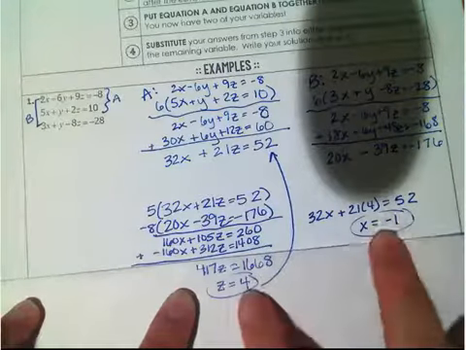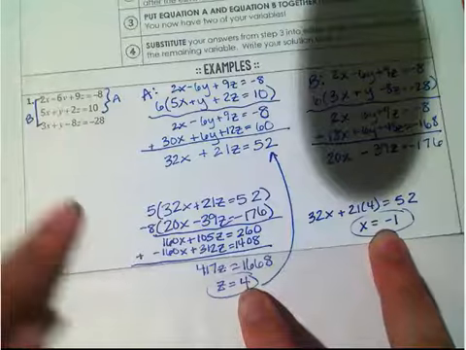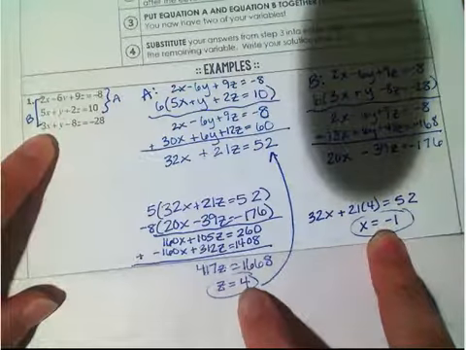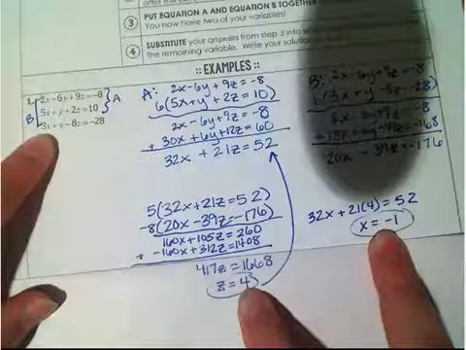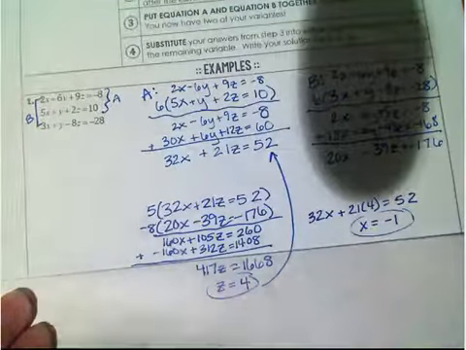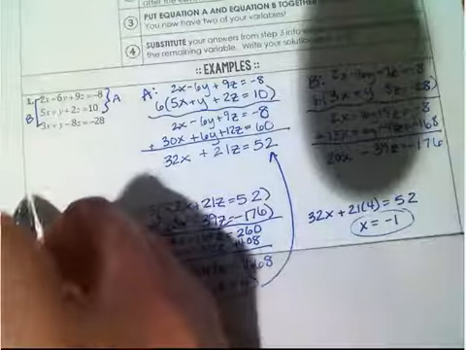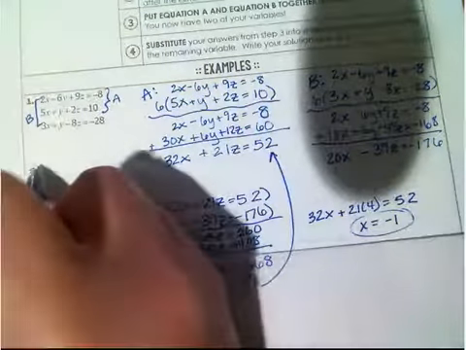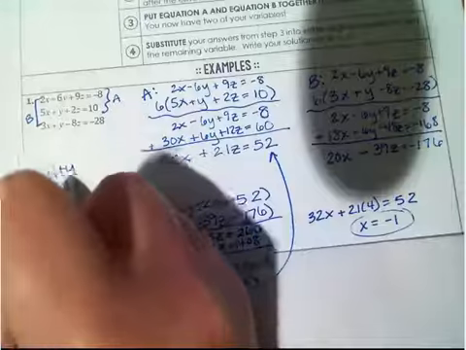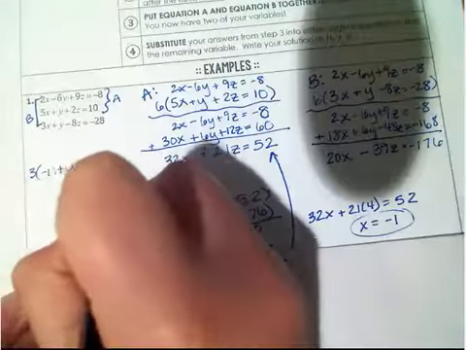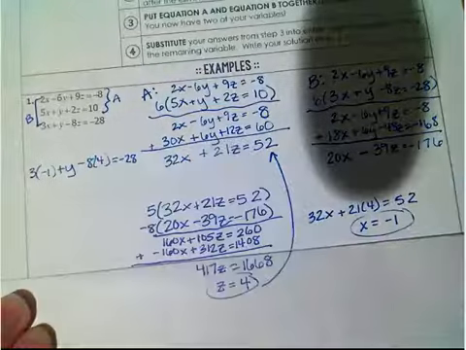So now I'm going to take these two, plug them back into one of my original equations to solve for the third variable, which is my y. I'm going to pick the last one. So I'm going to say 3 times negative 1 plus y minus 8 times 4 equals negative 28.